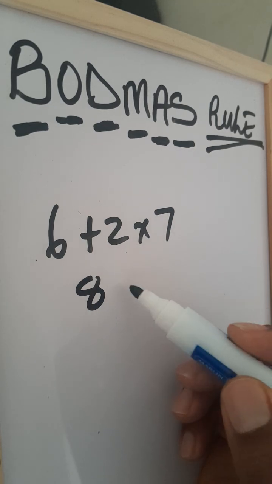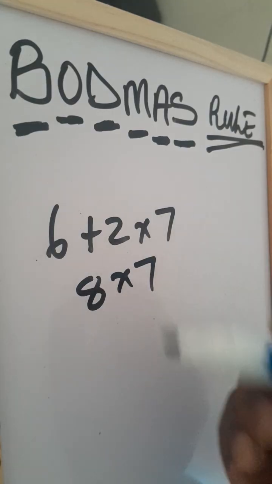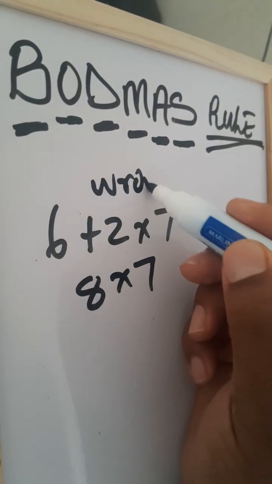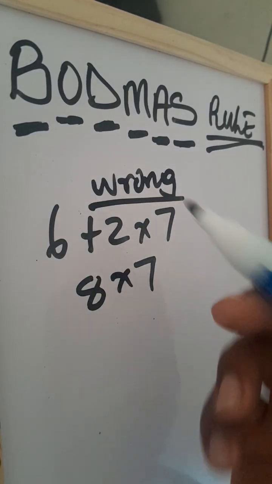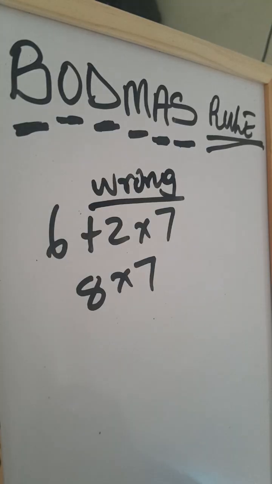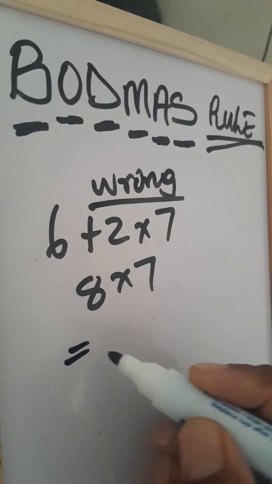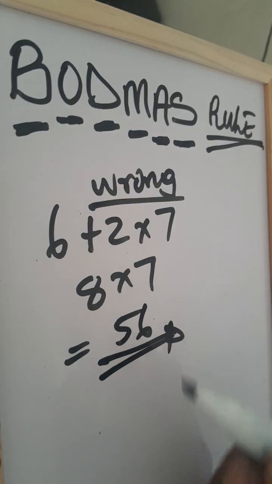Then you say multiply by 7. Because you didn't follow the BODMAS rule, this is the wrong way of doing it. If you multiply 8 by 7, it will give you 56. That is the wrong way of doing it.